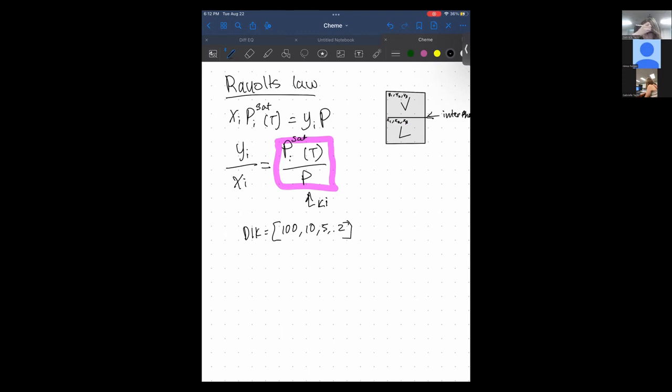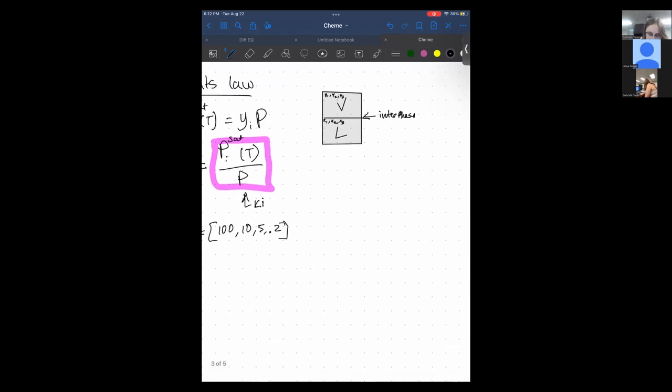Then we have this relationship between these Ki's and the mole fraction of our Xi and the mole fraction of our Yi, right? Since we know that the first one is our vapor, we're going to do dK, the Ki constant, and this is going to equal, so let's show this picture first.